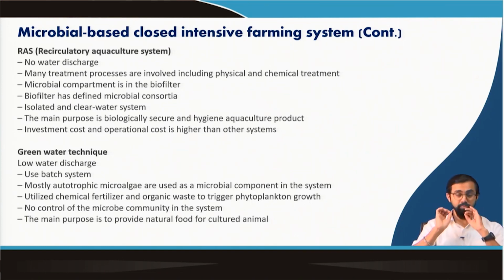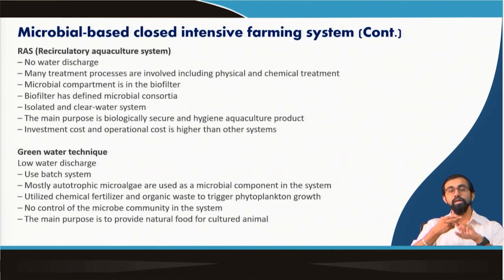However, what is the main motto? First of all, to provide natural food for the cultured animal, this phytoplankton. Second, whenever this phytoplankton or microalgae grow, they need nutrients. Where do they get these nutrients from? From the pond itself.